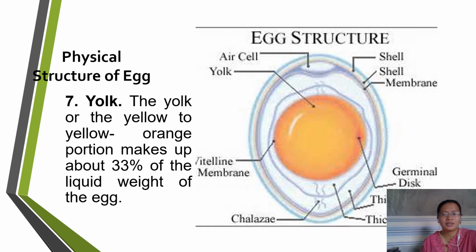Next. Ayan. So, kilala ninyo, of course, the yolk. The yolk, or the yellow to yellow-orange portion, makes up about 33% of the liquid weight of the egg. Ayan, so, yolk, yung itlog, sabi nila, yung pula daw ng itlog. Pero, syempre, what we can see is, ang color niya is yellow.